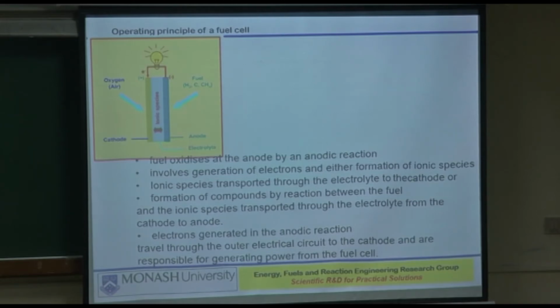One important issue that I would like you to remember here is that the fuel is sent along the anode side, and technically the fuel can also be an anode. So if you have a very high quality coal product, for example char, that can be the anode, that can be the fuel, even though the anode will be gradually consumed, but then you can replace it.